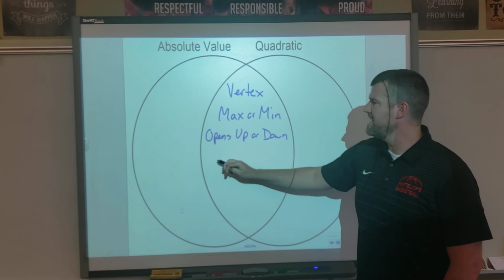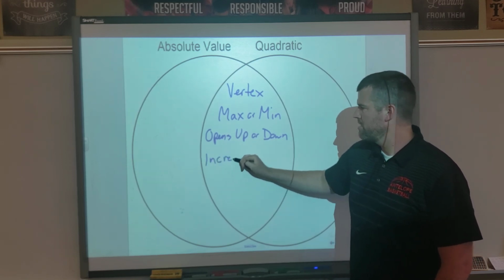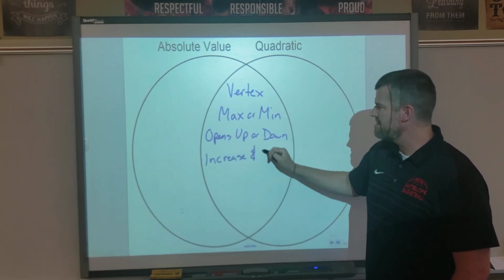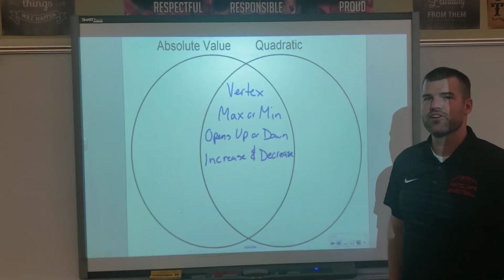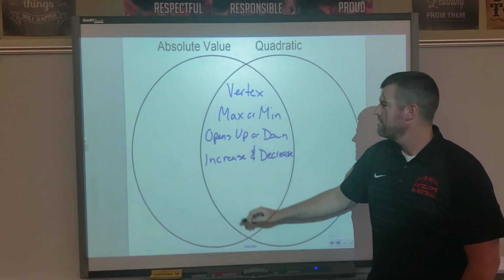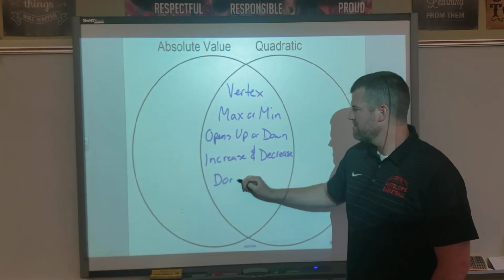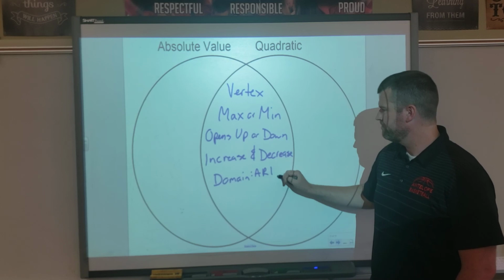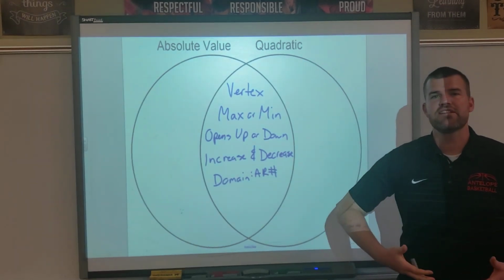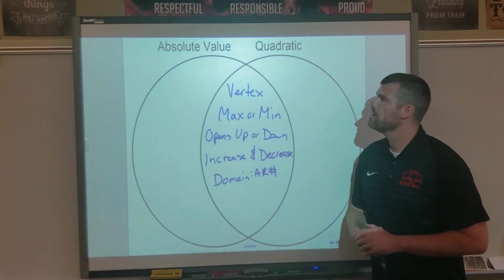They will always increase and decrease. All right, one half of the graph is going to go up, the other half of the graph is going to go down. Domain is all real numbers. All right, so there's quite a few things that they have in common that are very important.